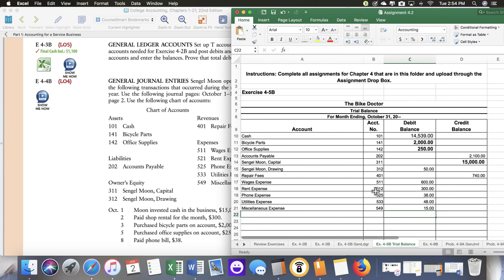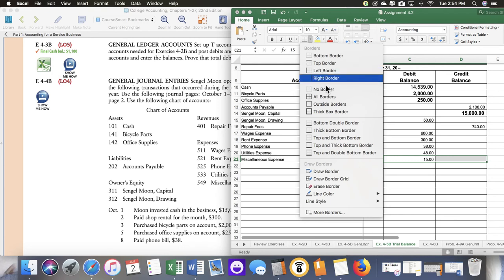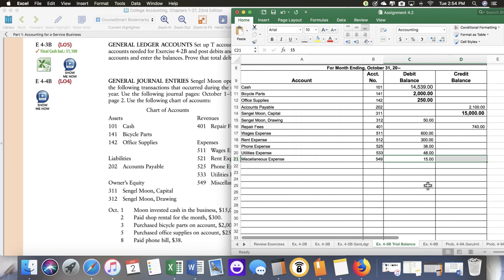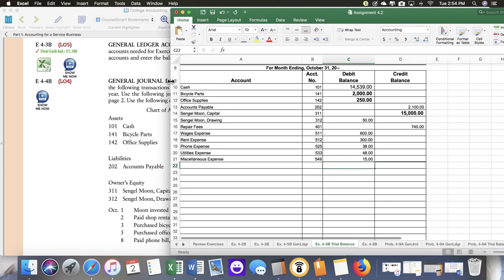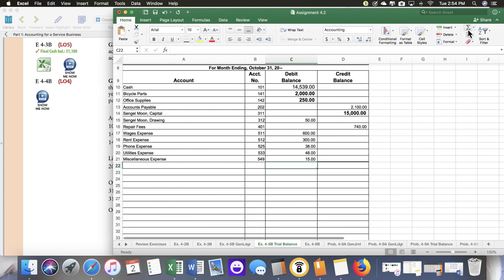Okay, we are almost done with this one. Now we have to total the columns. So to make it easy to see, I'm going to put in a thick bottom border. And then we're just going to total. I'm going to let Excel do the work for me, so I'm going to use their formulas. I'm going to use, I believe it is sigma.